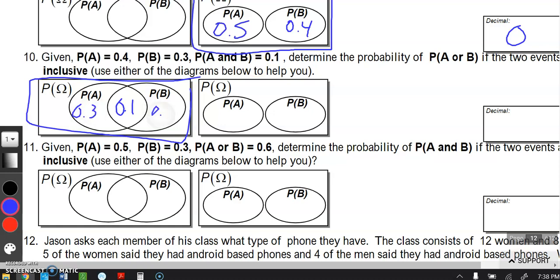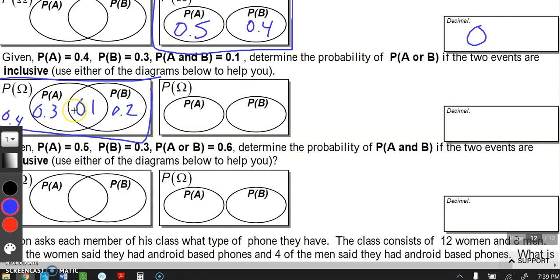And then this one's going to be 0.2 if you subtract it, which actually means that the remaining, this all adds up to 0.6, so the remaining is 0.4 on the outside. So the probability of A or B together, all of them added up, this one's a little different, it says or. Then you're going to add those up, 0.3 plus 0.1 plus 0.2, that's 0.6.